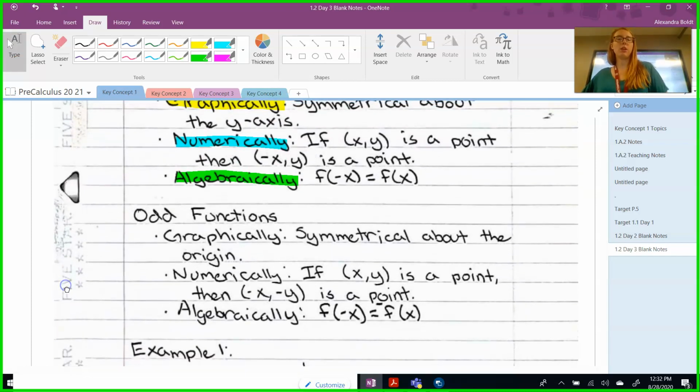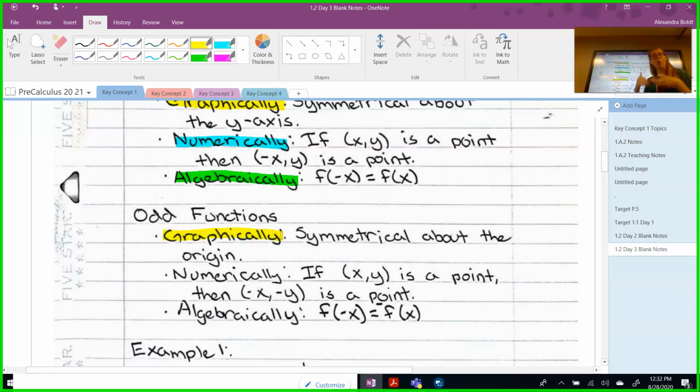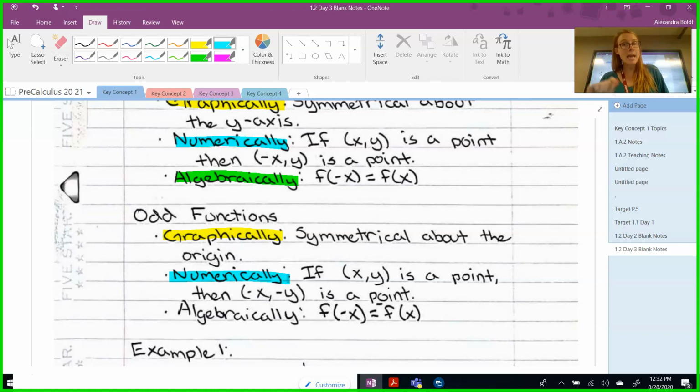Odd functions, similarly, we can tell graphically. However, they're symmetrical about the origin. And we'll see what that means when we have our pictures in example 1. Numerically, this is slightly different. If x, y is a point, then negative x, negative y is a point.